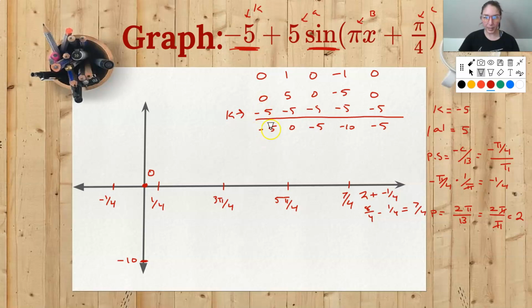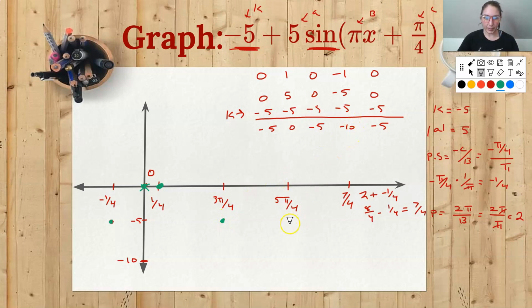So my first point has a y value of negative 5. Second point, y value of 0. Third point, y value of negative 5.